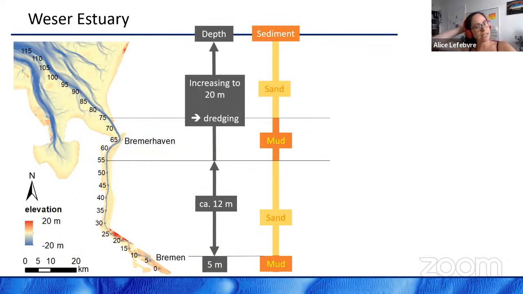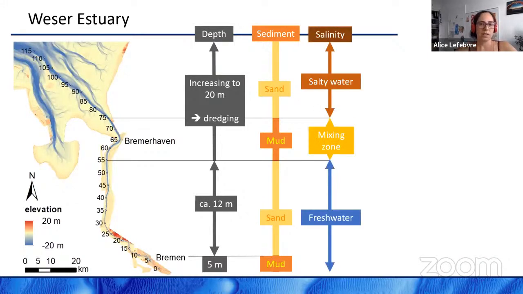If we look at the sediment, it's a bit muddy around Bremen, and then it's mainly sandy, apart from around Bremerhaven, because that's where we have the estuarine turbidity maximum. And so we have a lot of cohesive fine sediment, which is being trapped around Bremerhaven. That estuarine turbidity maximum is also linked to the fact that this is where the mixing zone is situated.